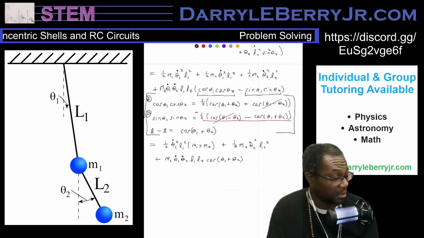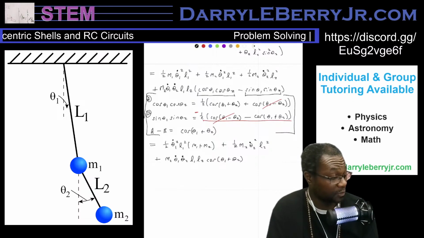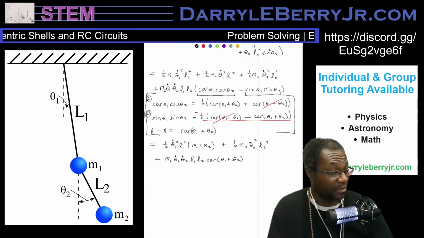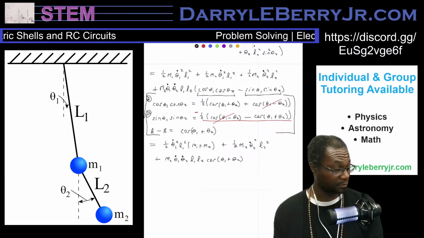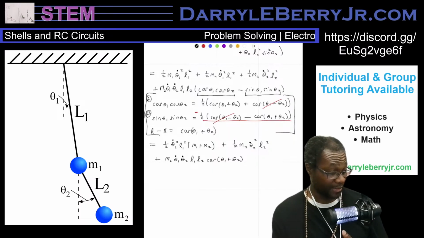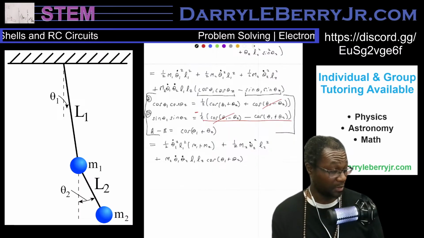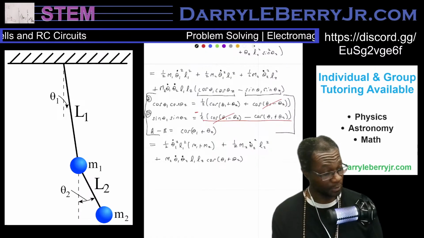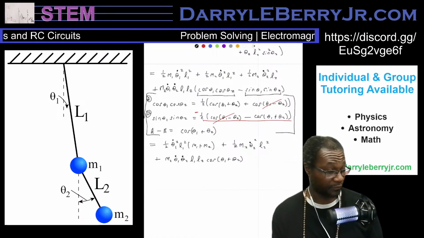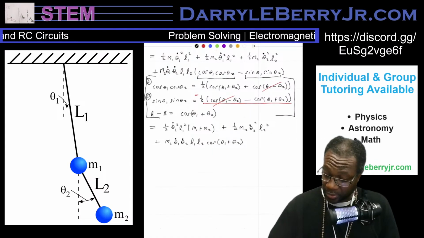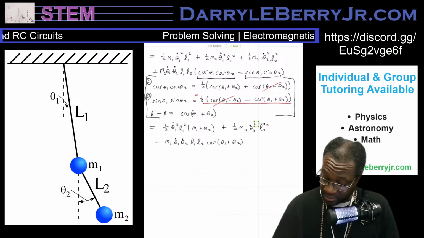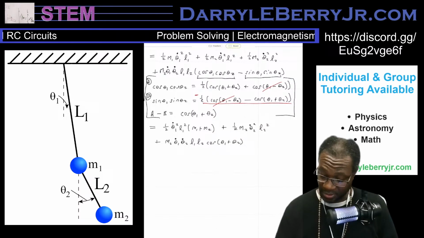And notice that's only on M2, because M2 moves according to either angle separately as well. So both masses move according to theta 1, but each angle separately moves theta 2. And then theta 2 could just move by itself if the first mass is stationary. So these equations account for that for the kinetic energy, right?